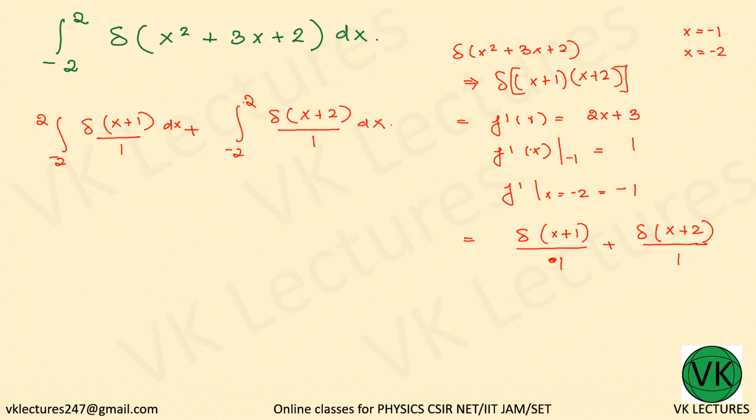So the delta integral will be equal to 1 if the point lies within the limits. Here x plus 1, so minus 1 is lying between minus 2 and 2, so that's equal to 1. And here x plus 2, so minus 2 lies between minus 2 and 2, so that will again be 1, so the total is the sum.